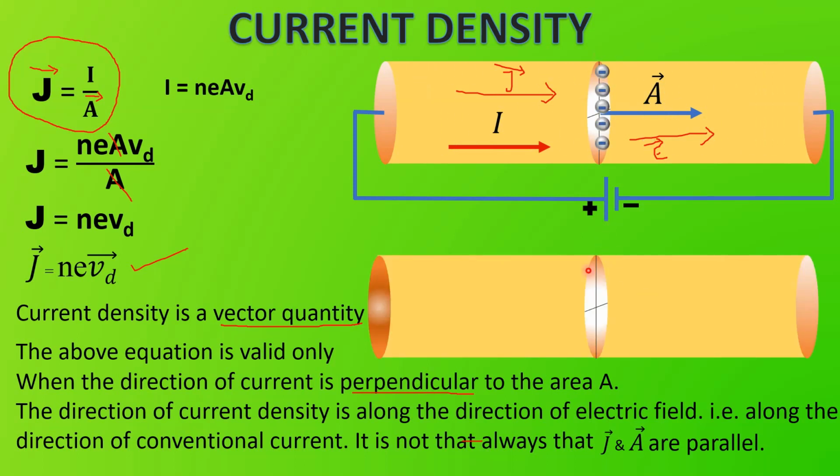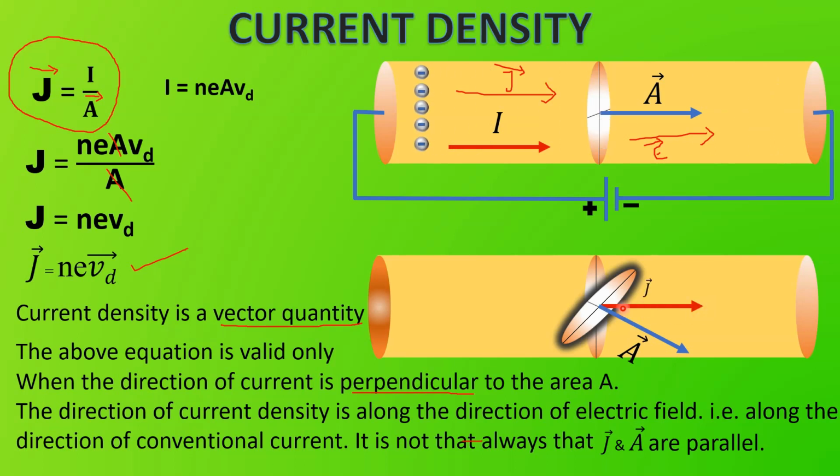Suppose you consider this area, and the area is somewhat altered, it is tilted. After tilting we can represent the area vector along this direction. So this represents the area vector, and this represents the direction of J vector as represented here.